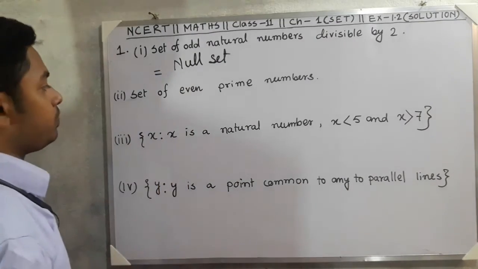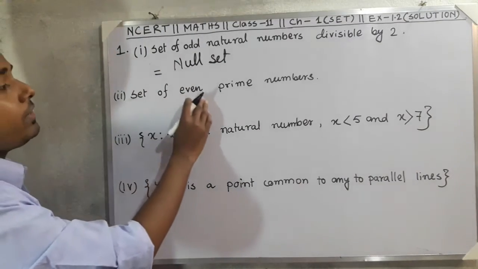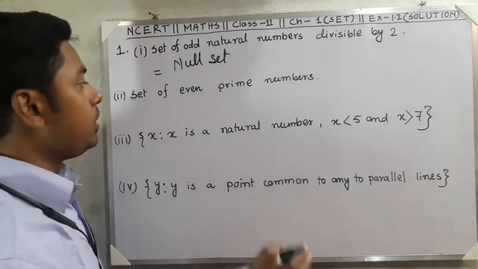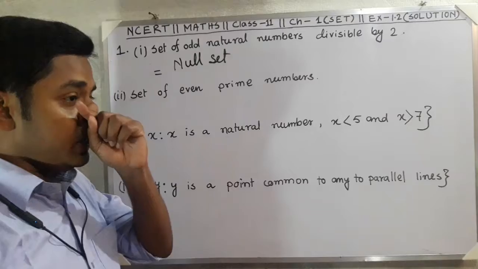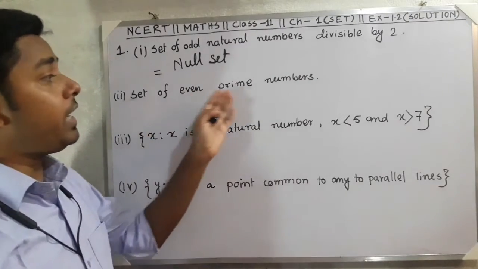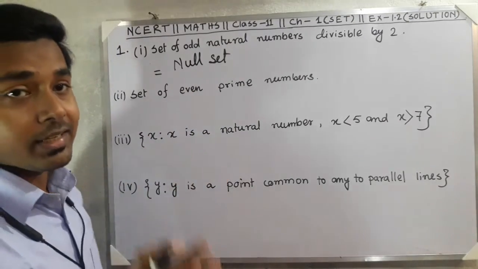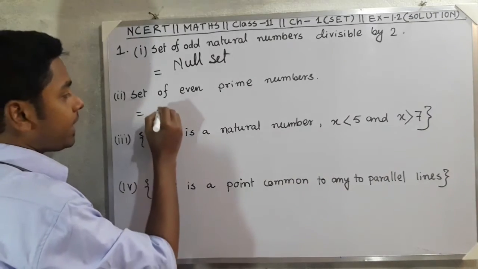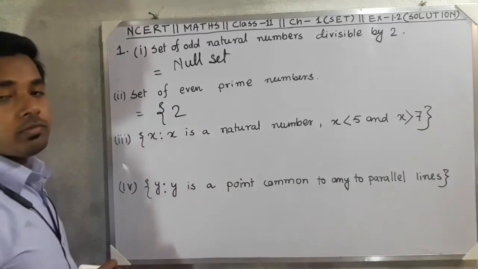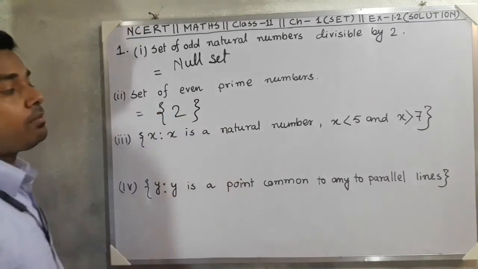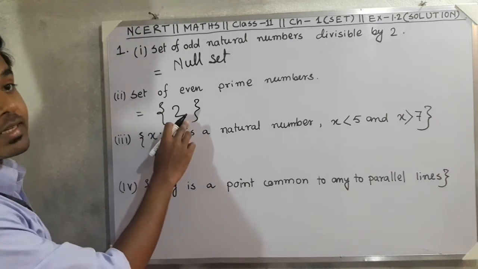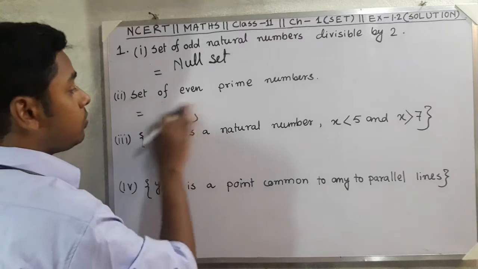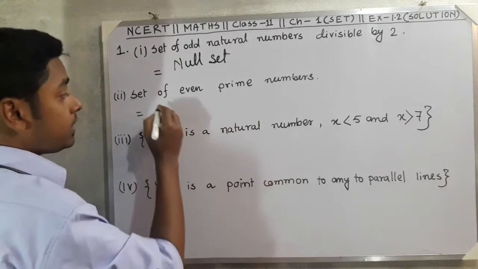Now question number 2, set of even prime numbers. There is only one number which is even and prime also. What is it? That means 2. So we get 2 as the only even prime number. So is this a null set? No, it is a singleton set. So how to write the answer?